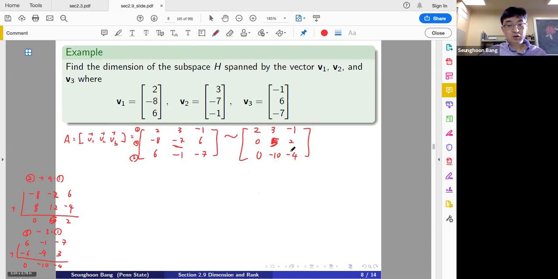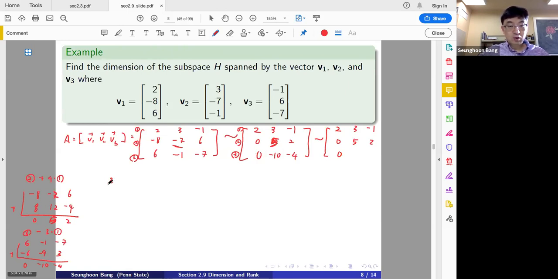Next, this is the first row, second row, third row again. You change it to echelon form. You have to eliminate minus 10. You can keep 2, 3, minus 1, and 0, 5, 2. Next, you change the third row. How can you do that?